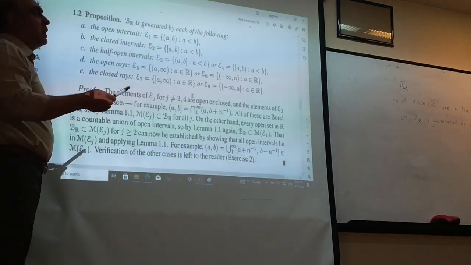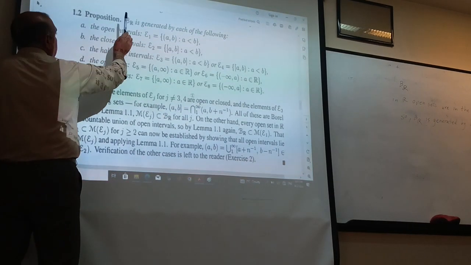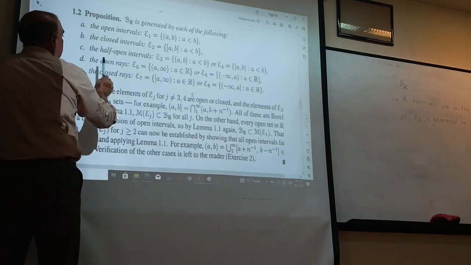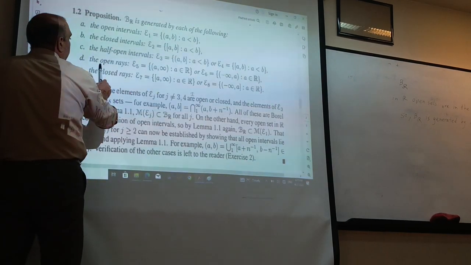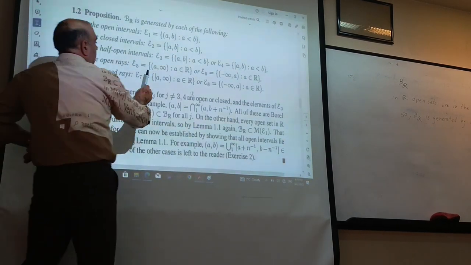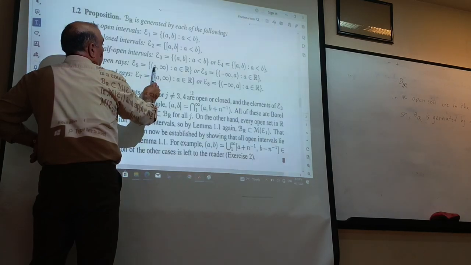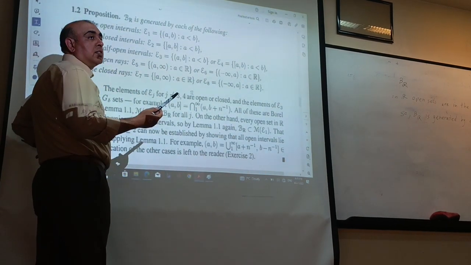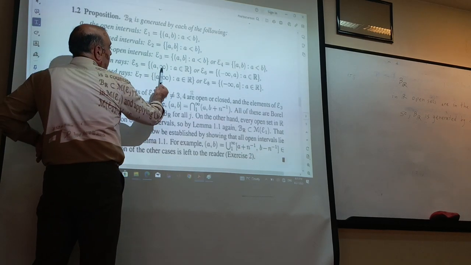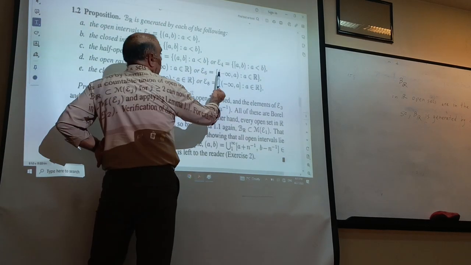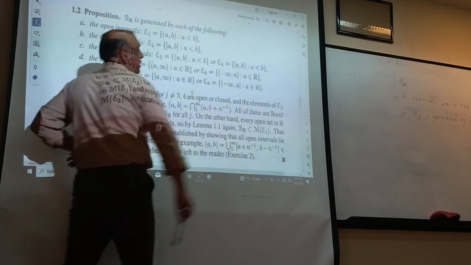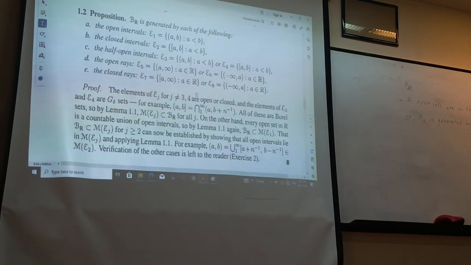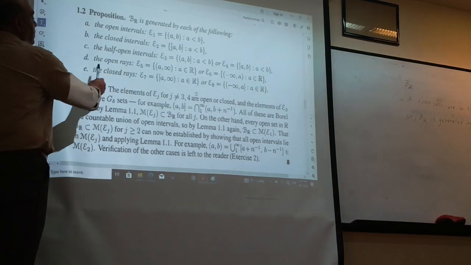Also, BR, the Borel sigma algebra on R, is generated by open rays, all intervals (A, infinity) or (minus infinity, A), and by closed rays.